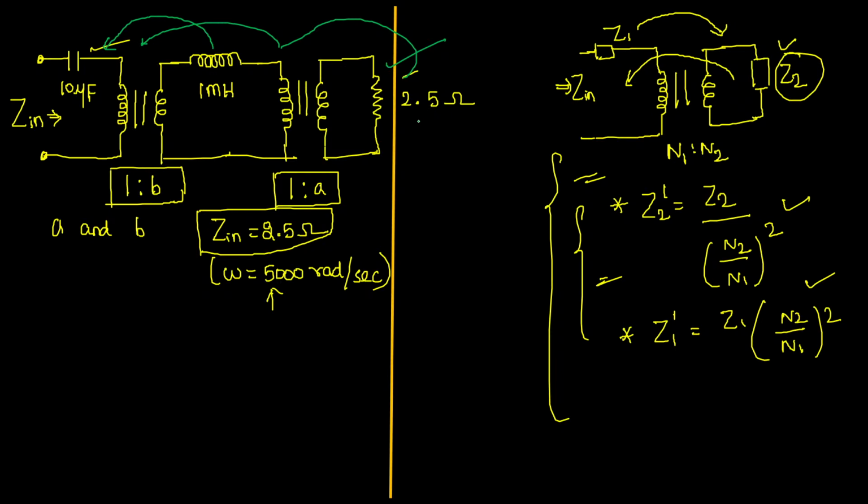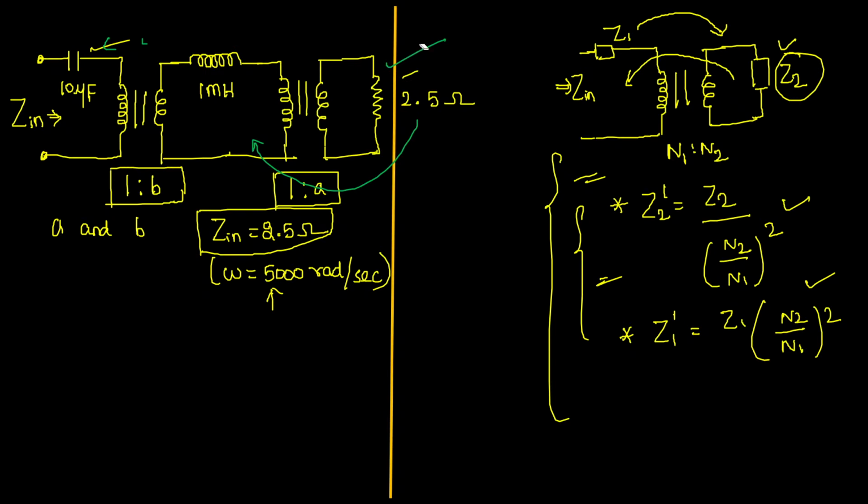Or you can first transform this resistor from here to here, then calculate the total of this inductance plus resistance, and then transform the total into the primary. These choices are completely up to you. You can do any convenient one which will be suitable for you.